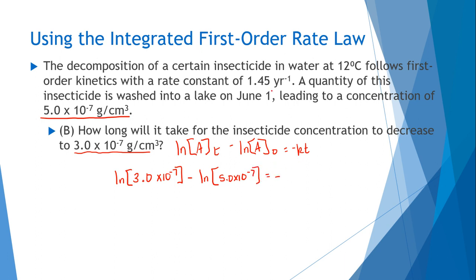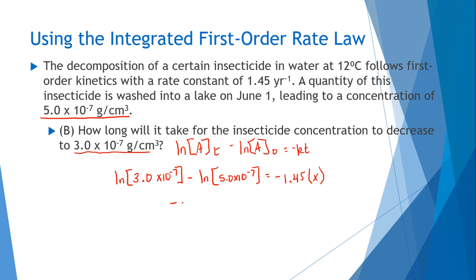And this is going to equal negative k. Our k value did not change. And then time. That one is what we're solving for now, since it's asking for how long. From here, we're going to take the natural log of 3.0 times 10 to the negative 7th, subtracted by the natural log of 5.0 times 10 to the negative 7th.